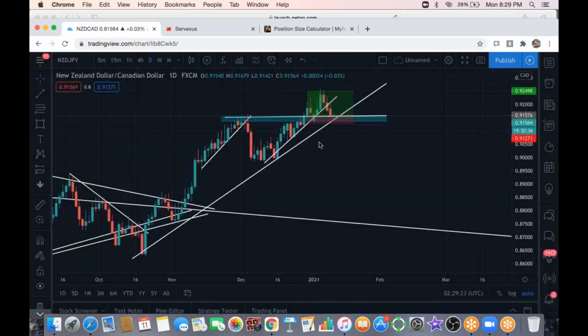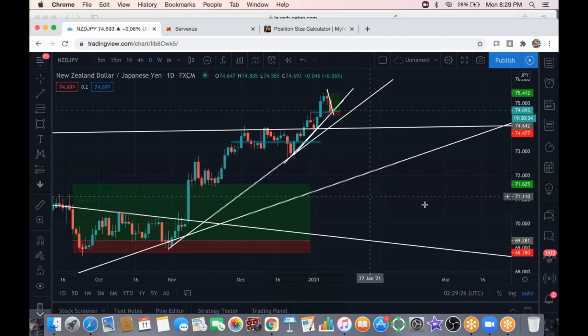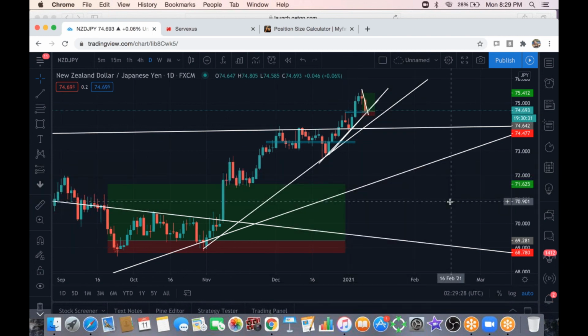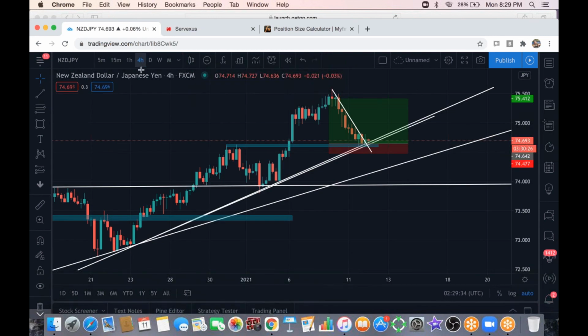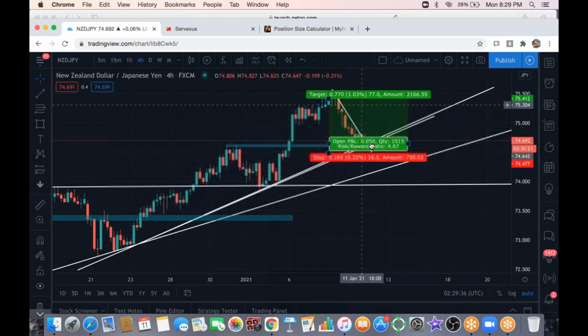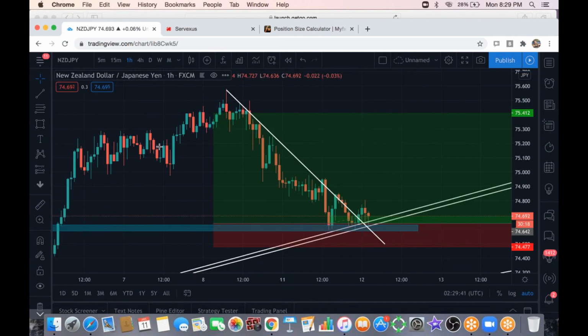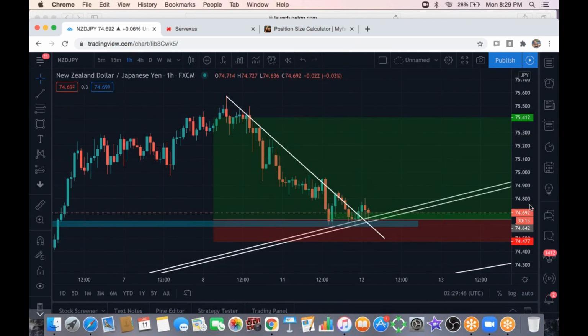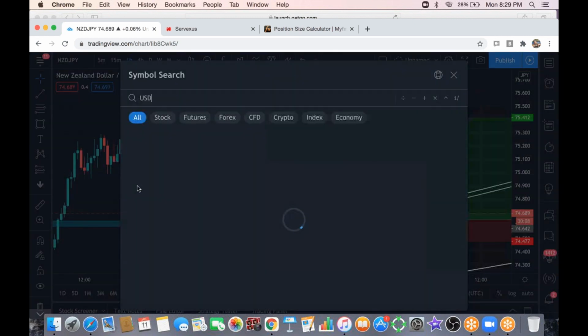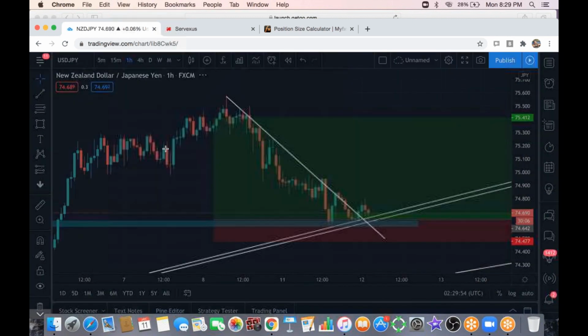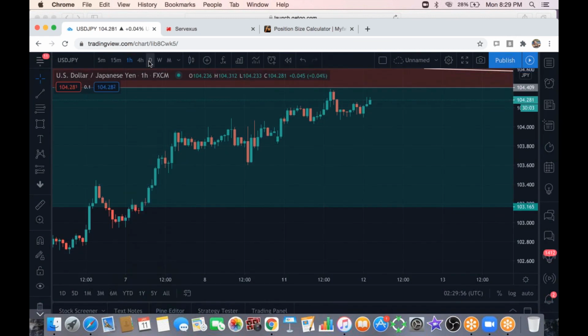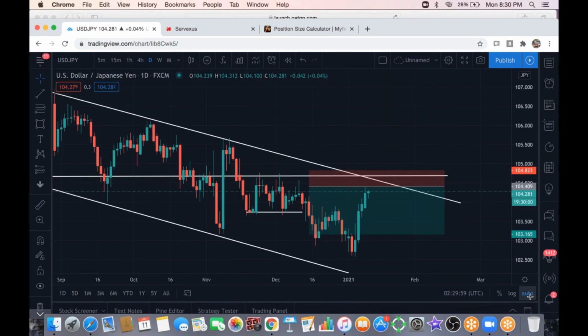NZD/JPY is much better of a buy because you got more confirmation. Yeah, it hasn't broken the 4-hour zone. See how this one hasn't broken the 4-hour zone yet? So it's a really good zone, and it has a really clear bottom to it. For whatever reason, the yen is weak. I know the yen is weak because if USD/JPY keeps going up like it does, the USD is weak.